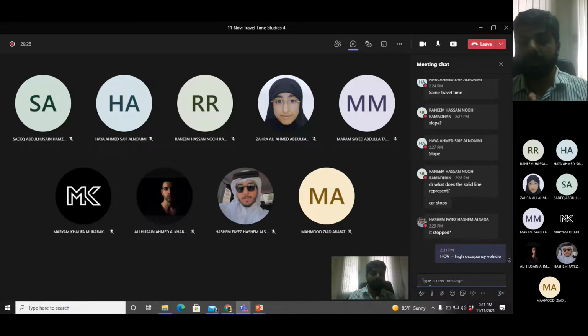HOV means high occupancy vehicle. All buses are high occupancy vehicles. If a car is full of passengers, it is also a high occupancy vehicle. If a car is only carrying a driver, that is not a high occupancy vehicle. So a high occupancy vehicle is a vehicle carrying more passengers.